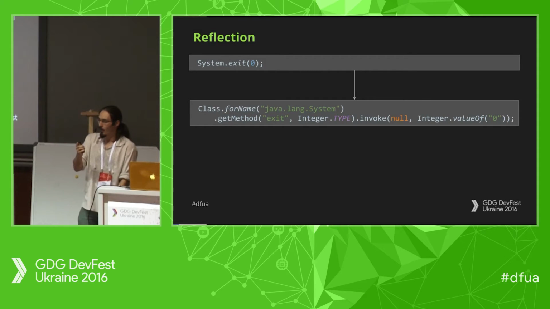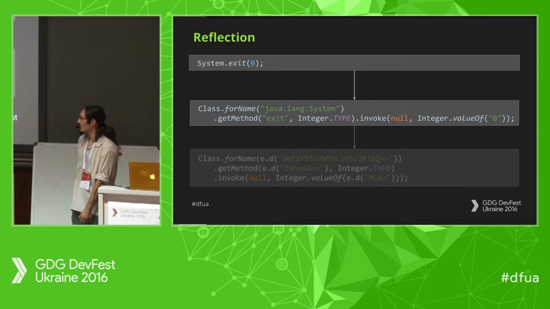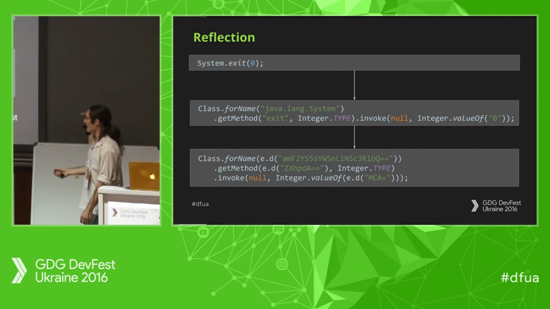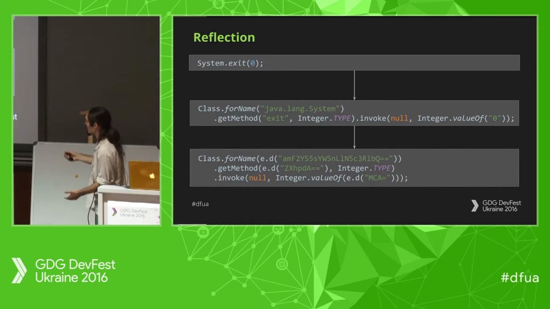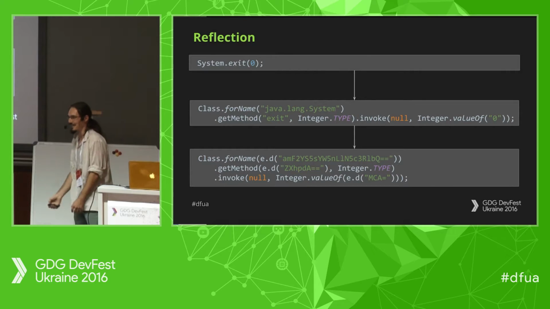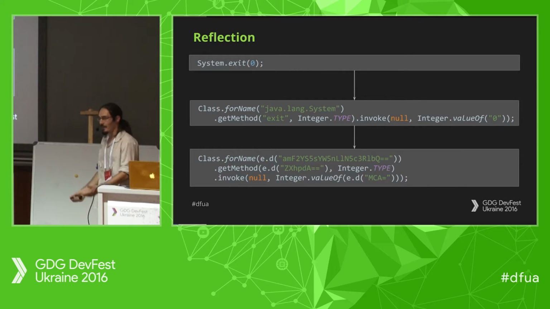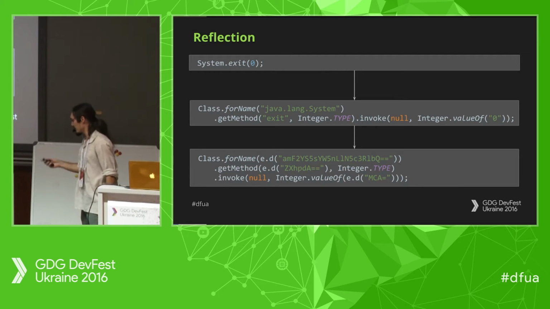And now all these strings can be encoded. In this case, I use just base 64 form, but at least it's not so obvious what's going on here. Again, everyone can reverse it, but it takes some time.